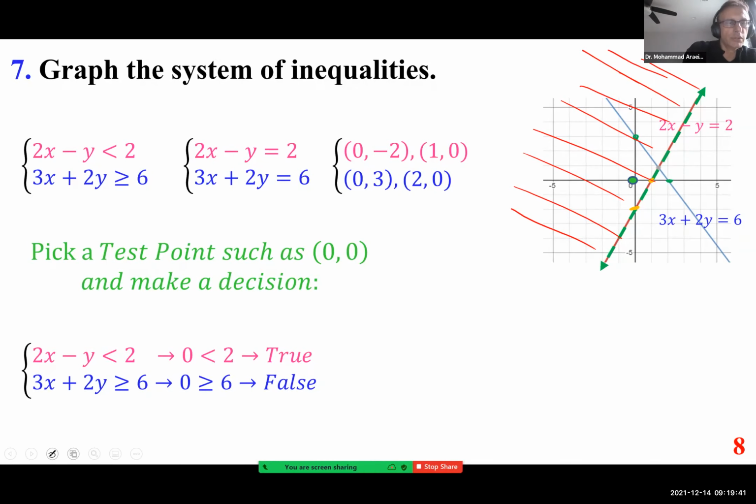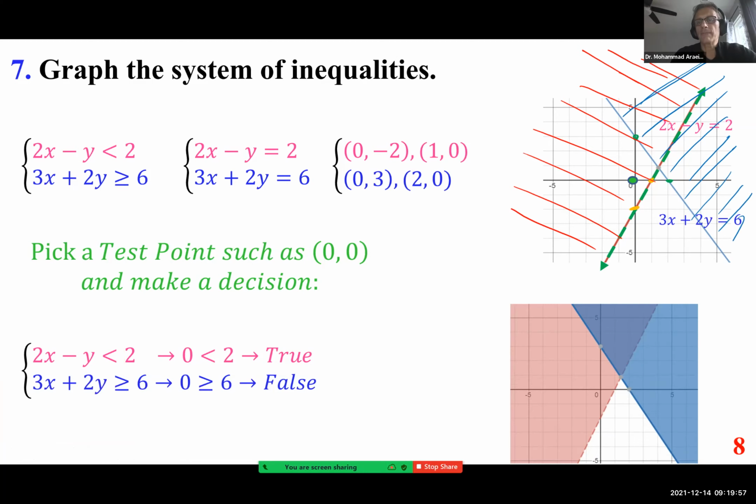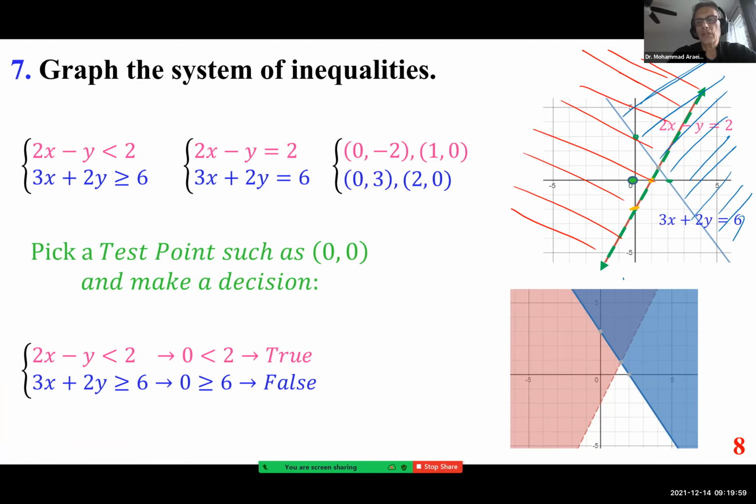On the other hand, let me use a blue one. For the blue line, the side that contains 0, 0 is not a solution because it's a false statement. So the solution would be this side, the opposite side. And when you put them together, as you can see, this is the region that is the solution.